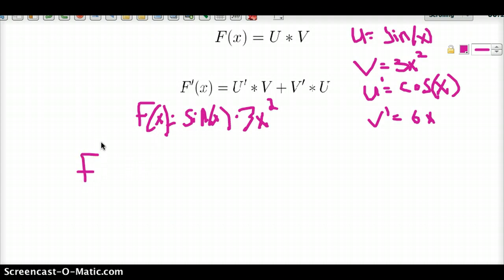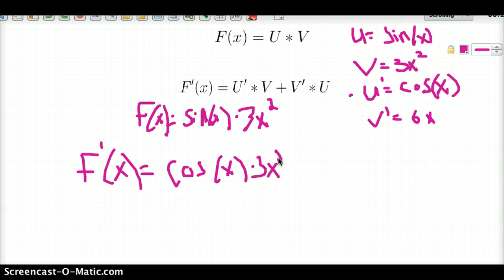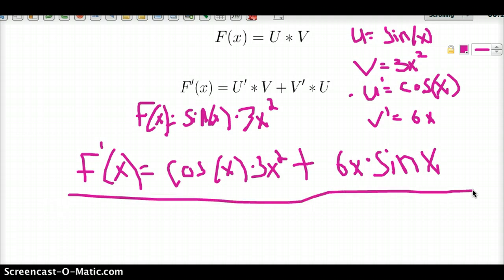So we'll get f prime of x equal to u prime, which is this guy, cosine x, times v, which is this guy, 3x squared, and then we're going to add v prime, 6x, multiplied by u, sine of x. And that would be our final answer for this derivative.